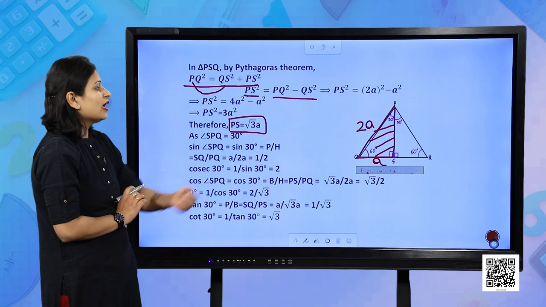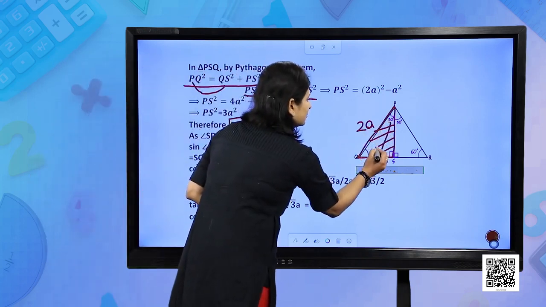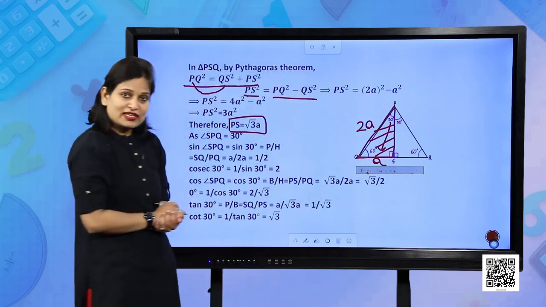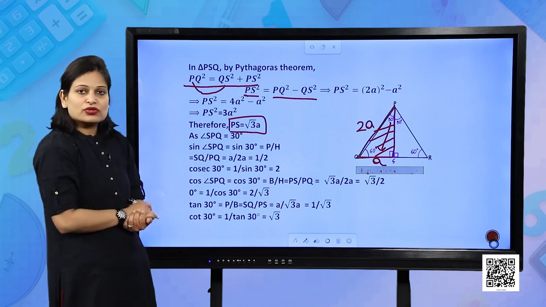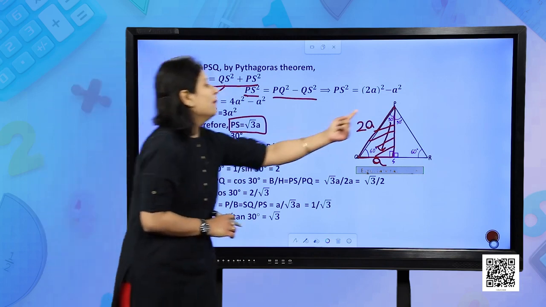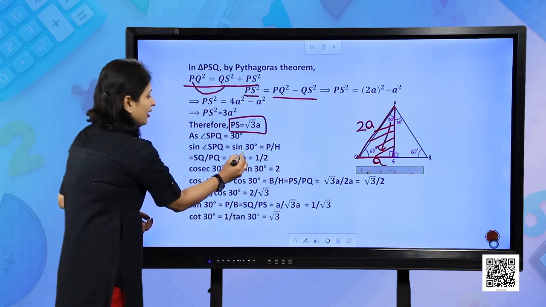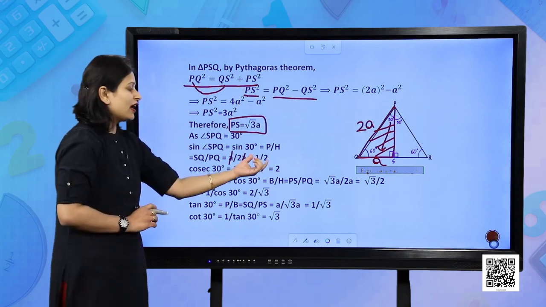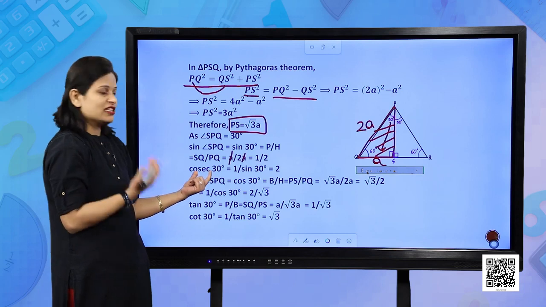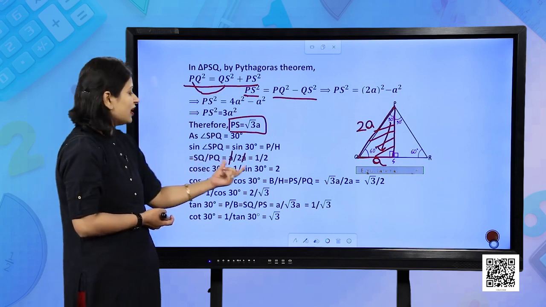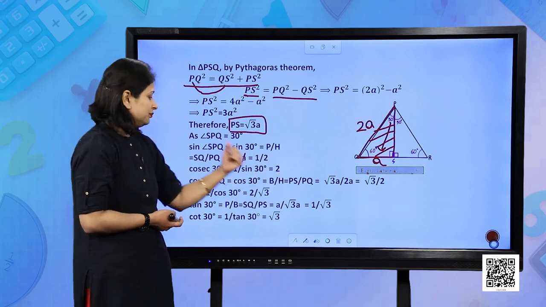Here perpendicular with respect to angle P is QS divided by hypotenuse. What will be the hypotenuse? PQ. So, A divided by 2A. A and A will get cancelled out. You will get 1 by 2. Now, cosecant function is just the reciprocal of sine function. So, you will get 1 upon sine 30. The value will become 2.